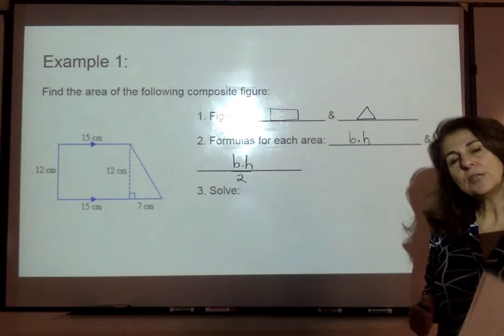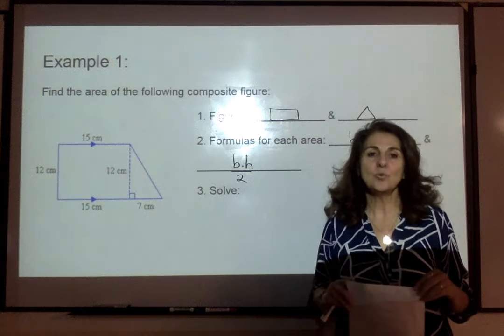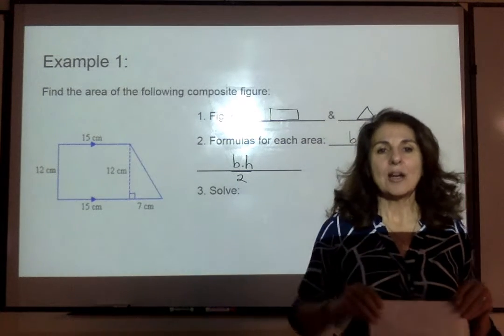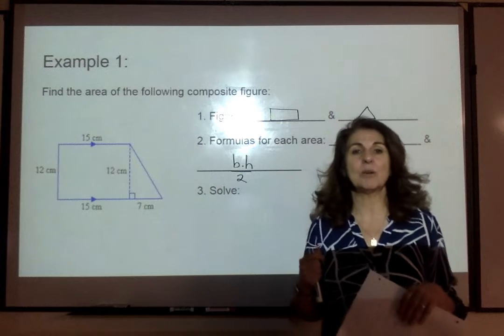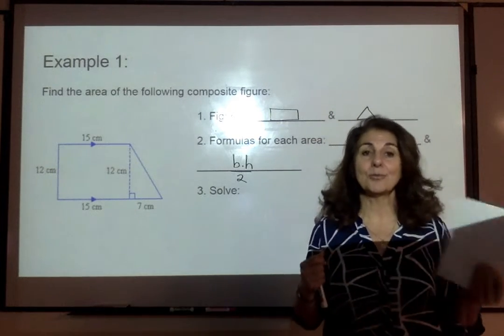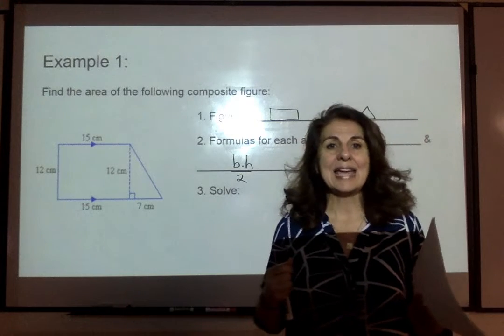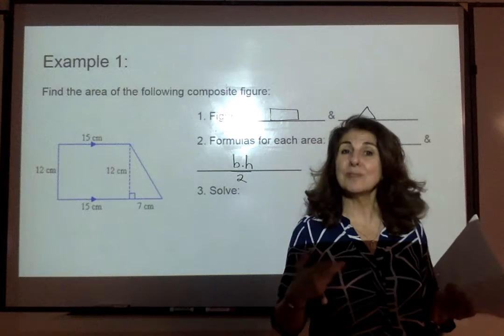And one thing I'm going to say, and maybe you were waiting for me to say that, yes, we will be able to use calculators when we do this type of exercise, especially when we are working with circles, because circles include the 3.14 for pi, and that makes it a little harder to get to the right number.